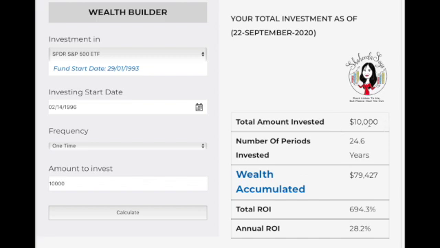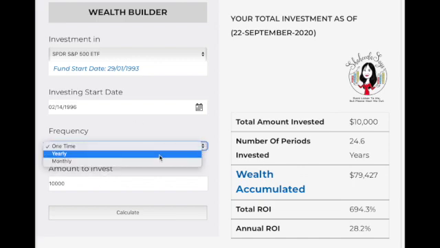Today, the $10,000 would be worth $79,000, which is a return of nearly 28.2% on average per year. And you would have a nice almost $80,000 in your pocket at 25.